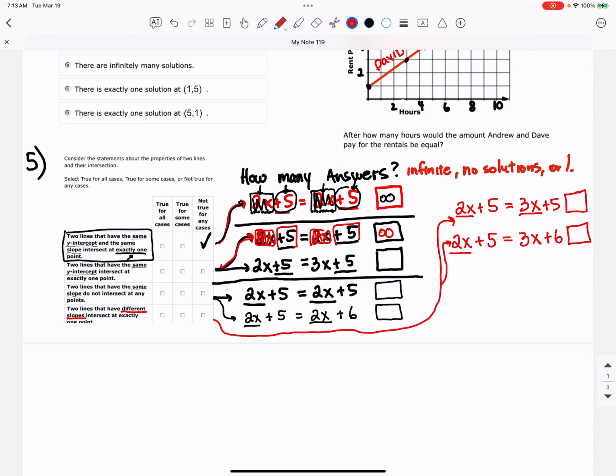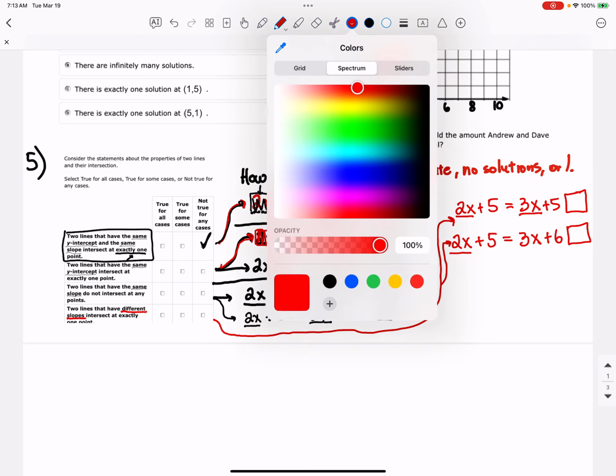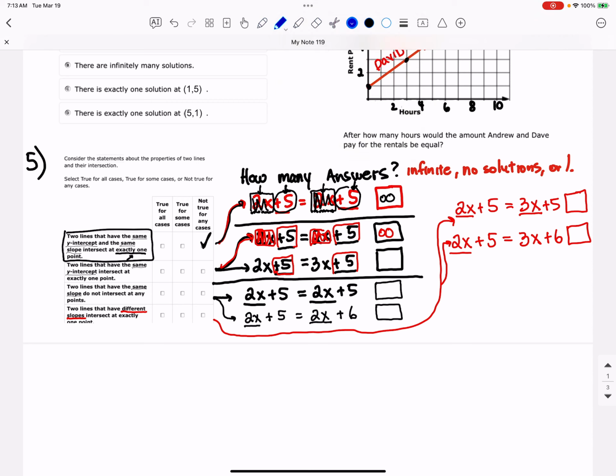All right, but if you have the same y-intercept, you have plus 5 and plus 5. Maybe you have the same slope, like the top one, but maybe you don't have the same slope because they didn't say we have to. So this one down here, same y-intercept, plus 5 and plus 5, but now a different slope, 2x and 3x. Well, if you have different x's, they're not going to cancel out.